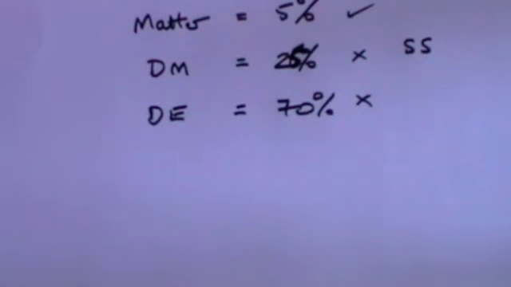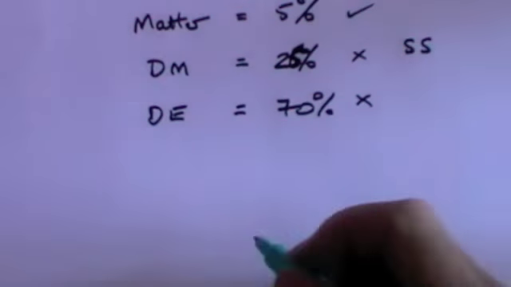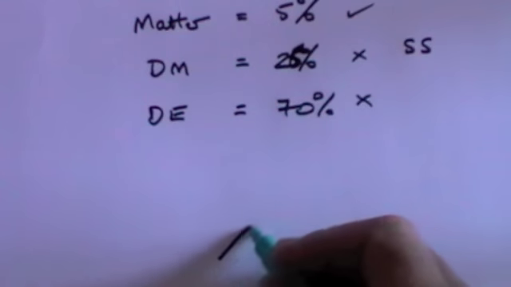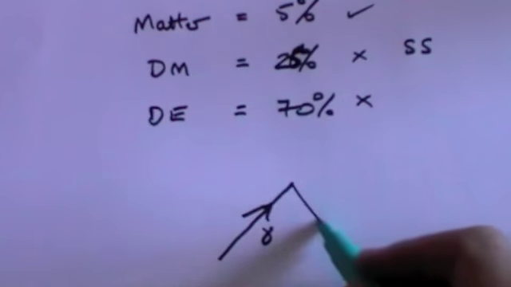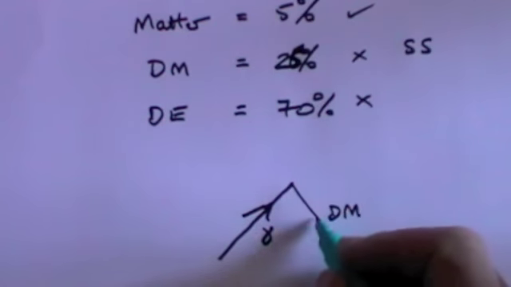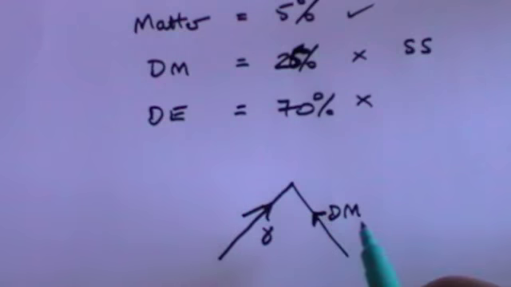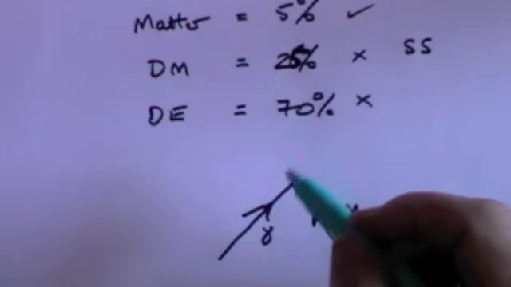And we can show that in a Feynman diagram, because what we know about dark matter, and the reason it's called dark matter, is that it doesn't interact with radiation. It doesn't, for example, interact with light, so you can't see it. So if we were to draw a Feynman diagram, here is a photon of light, and here is a dark matter particle. What we are saying is that there is actually no interaction between the two.